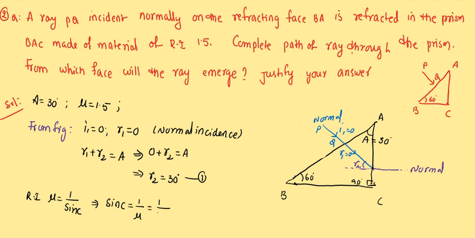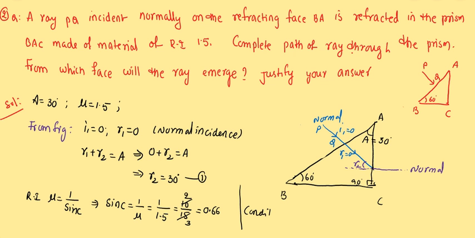This is nothing but 10 by 15, which we can cancel to 2 by 3, and we will get 0.66.